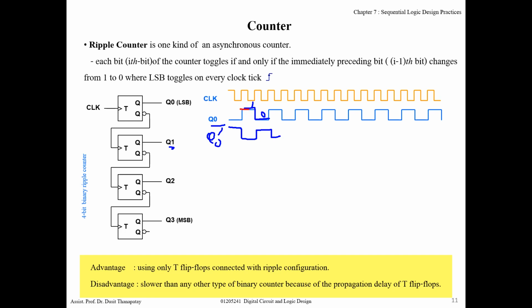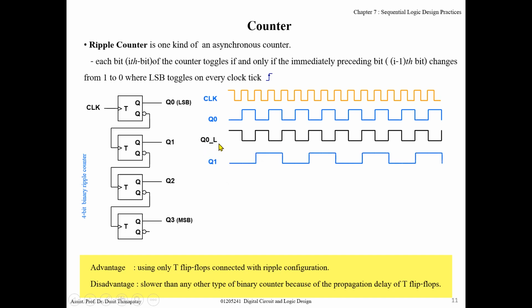When Q0 changes from high to low, Q0 prime goes low to high. So we use this to tick the clock of the next digit. So when Q0 changes from low to high on the active low output, Q1 toggles. And so on.